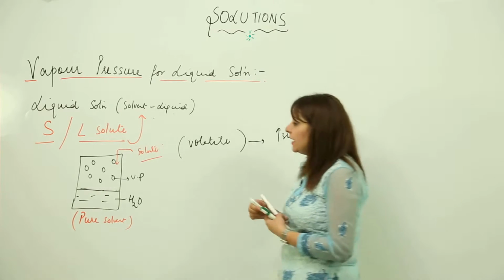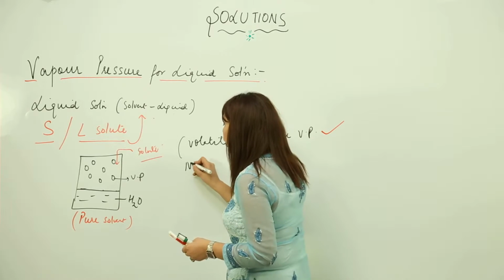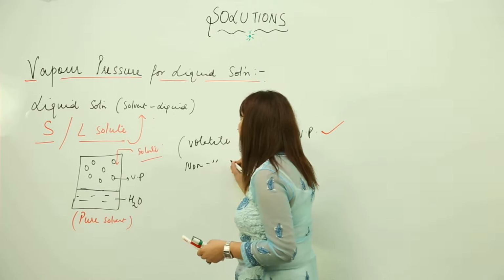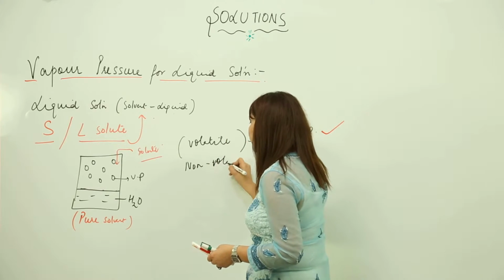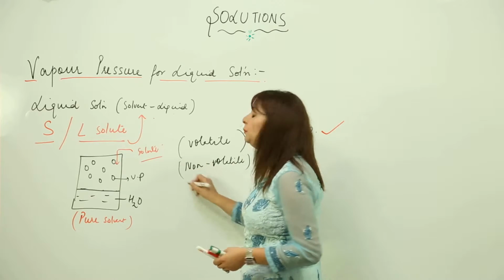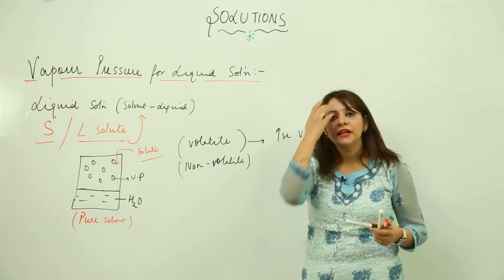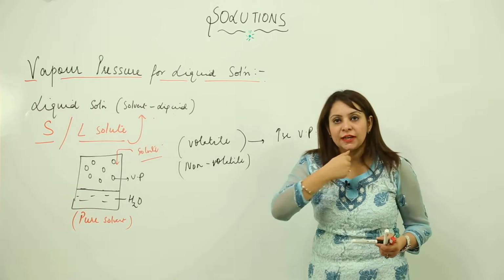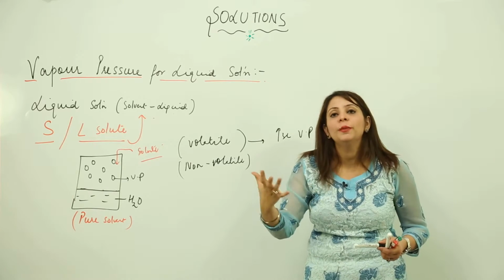Now I can add a solute whose nature is non-volatile. Non-volatile means that it does not have any tendency to evaporate. That means it doesn't form any vapors.